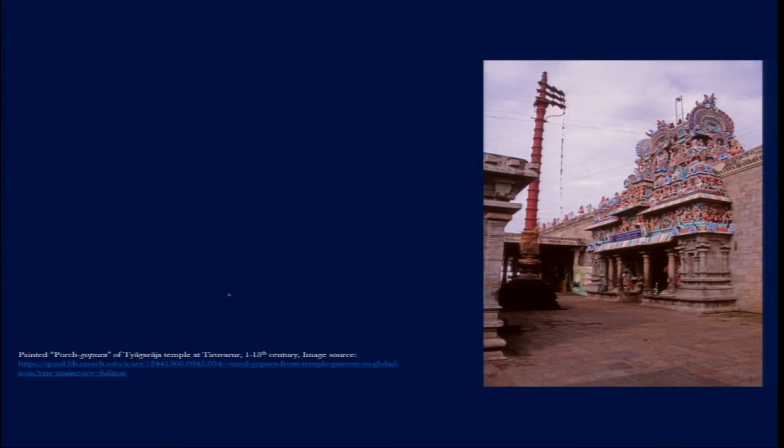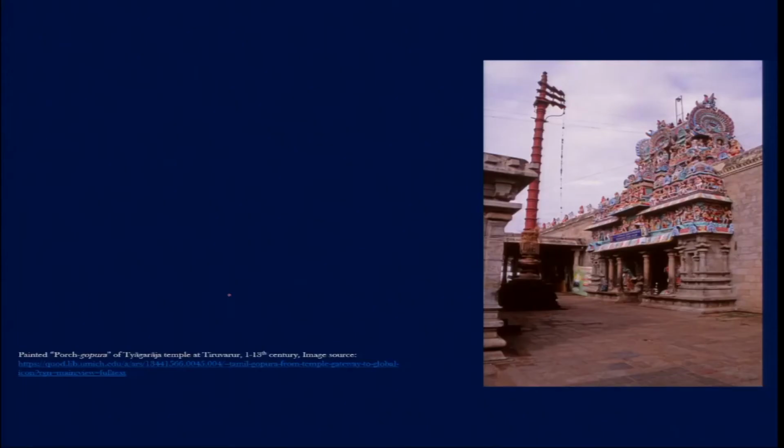The idea of painting the exterior walls of the temples, covering them with lime plaster, then adding individual colors to indicate the different deities, the divine forms, the semi-divine forms, and the human beings is a practice that has its roots in history, and it is still being continued even today.